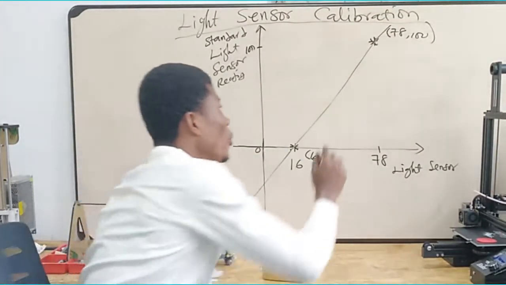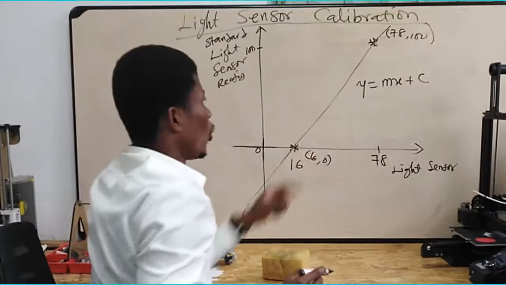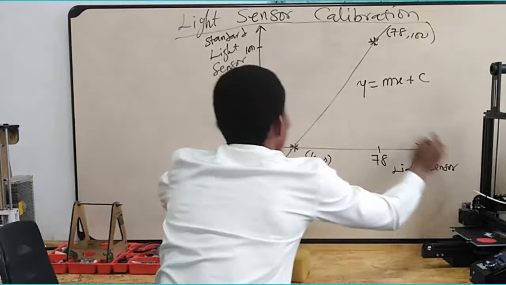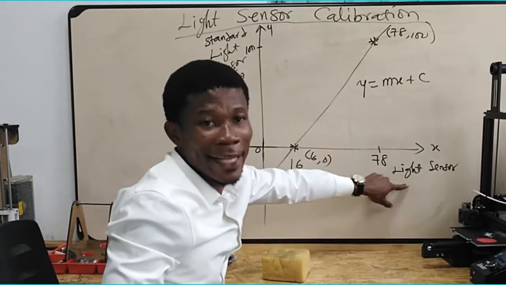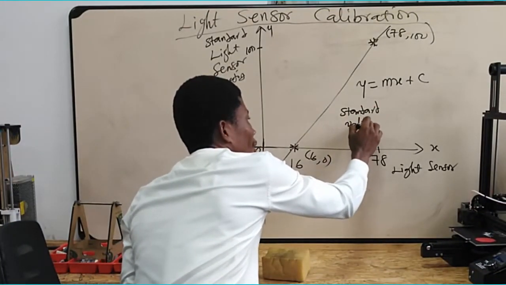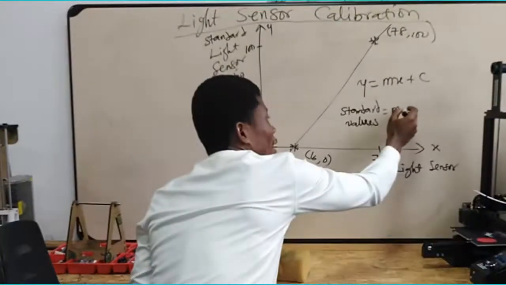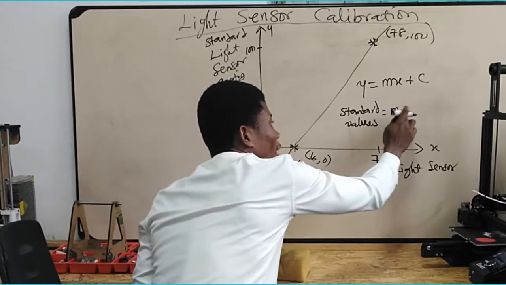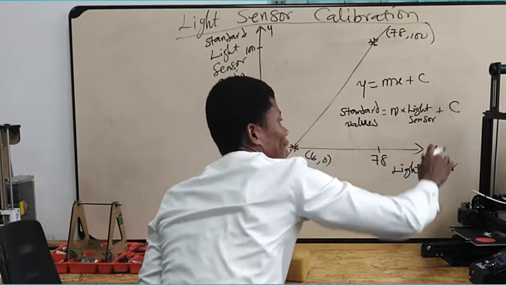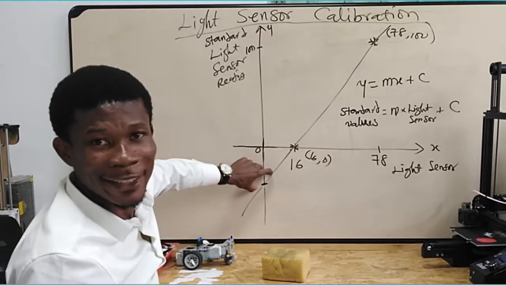Now, if I am able to come up with the equation of this straight line, with y standing for the standard light sensor and x standing for my light sensor's axis, then if I want the standard values, I need to find the gradient of this line, so that I multiply that gradient with values coming from my light sensor and add a C, where C is the y-intercept, where this line touches the y-axis.